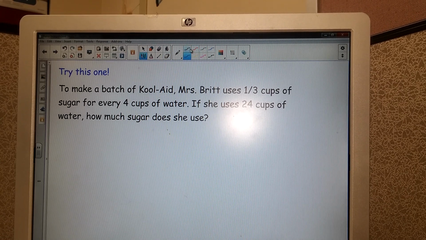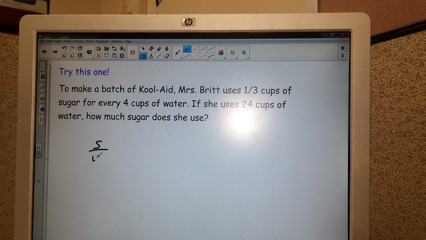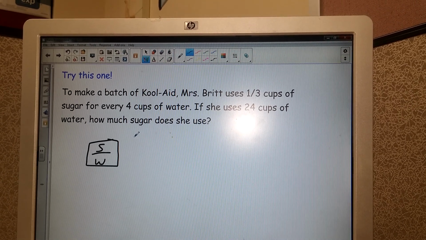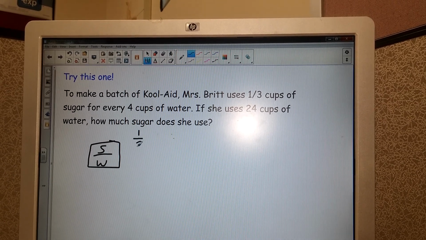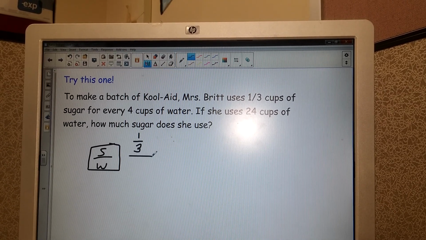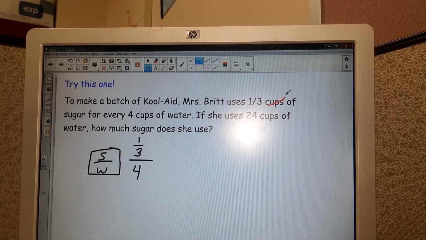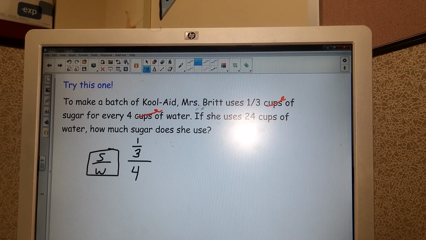Okay, first thing you should have done if you did this correctly is make a ticket, and what we're talking about is sugar to water. She's making Kool-Aid. Those are common ingredients that you need. The next thing you should have done, how much sugar is in the original recipe? 1/3 of a cup for every 4 cups of water. And this is a good example why I didn't use cups as my ticket, because both units are in cups.